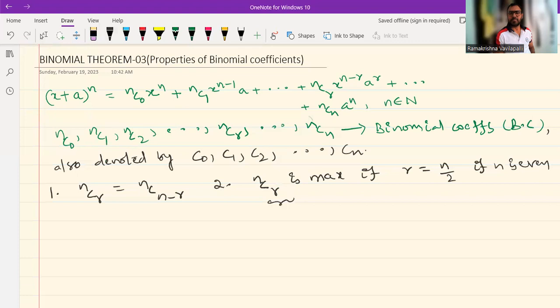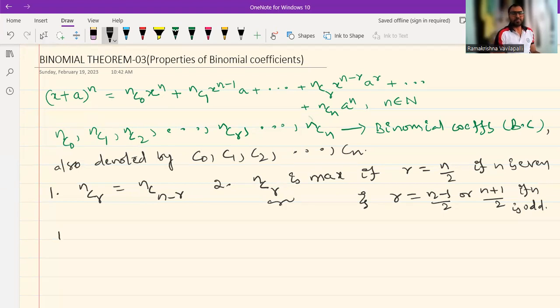And r equals (n-1)/2 or (n+1)/2 if n is odd. So this is very important: which one has the maximum value among all binomial coefficients?